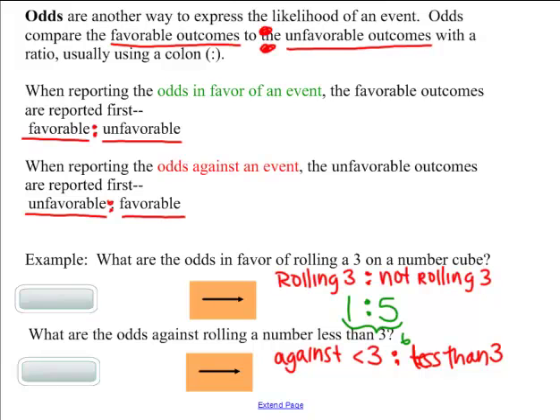We have 2 and 1. So we have 2 numbers that are less than 3. And that means against rolling them, or not numbers less than 3, are 3, 4, 5, and 6. So there's 4 different options. So the odds against rolling a number less than 3 are 4 to 2.